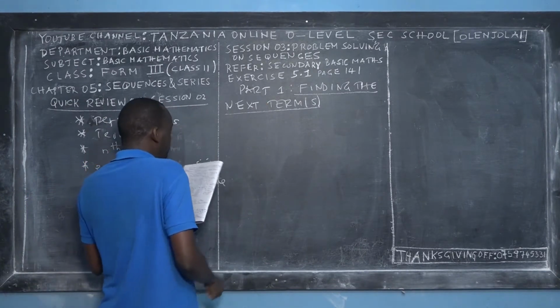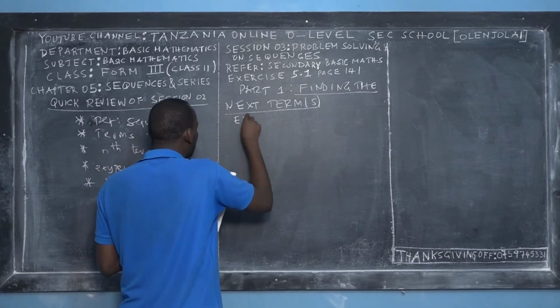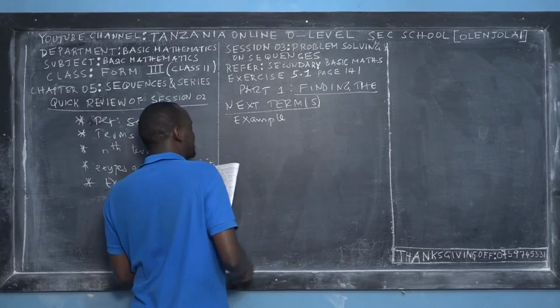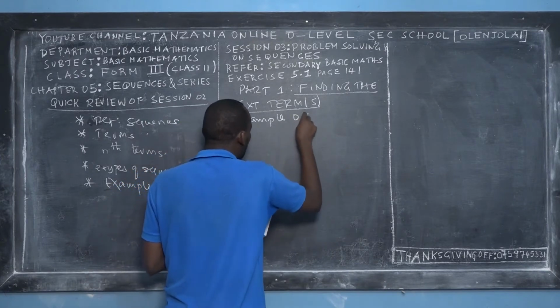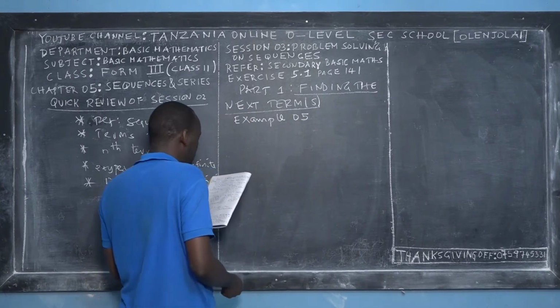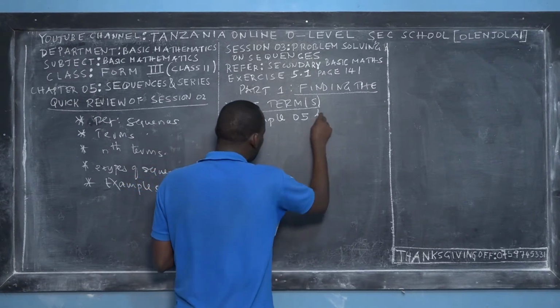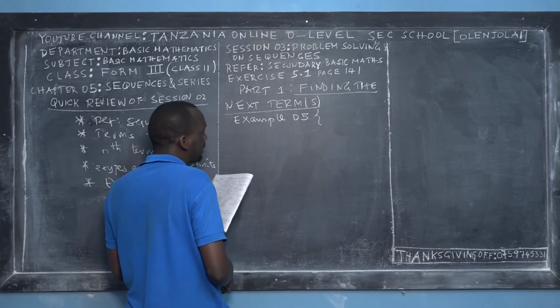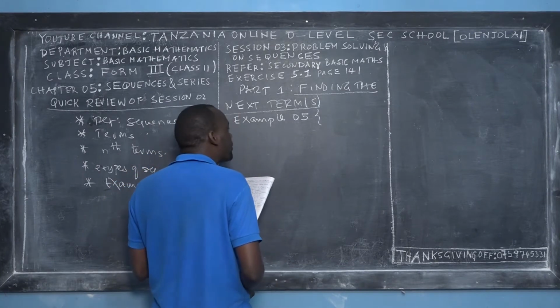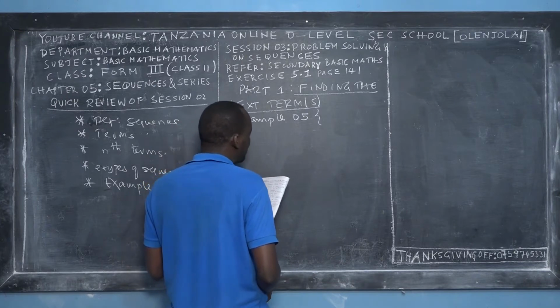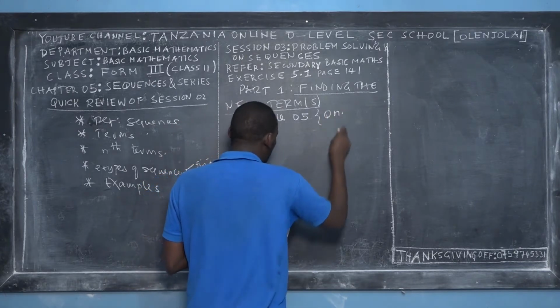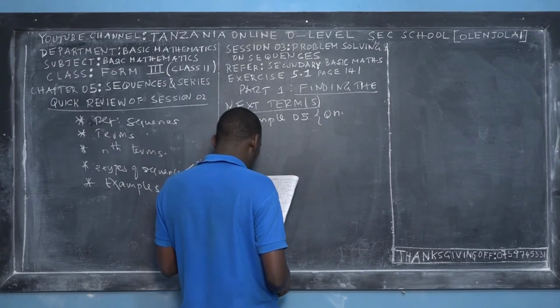Okay? So let us go to the series. In session 2, we ended at example 4. So according to this, our next example is example 5. In this example 5, I took it from exercise 5.1 of Basic Mathematics, Secondary Basic Mathematics Book 3, written by the Tanzania Institute of Education, and I took it from question number 1.